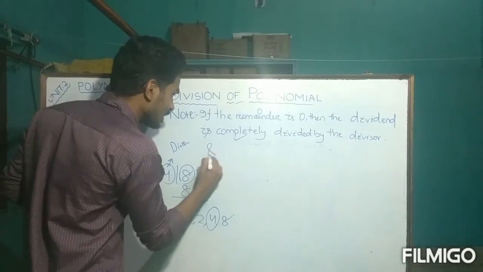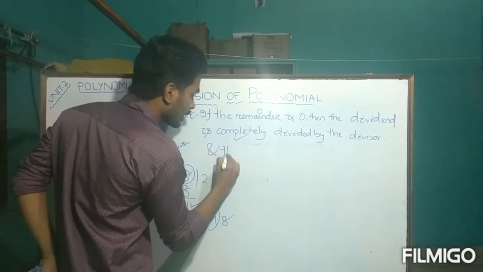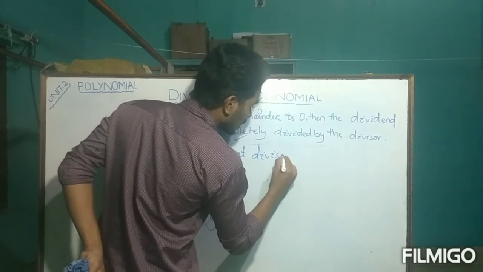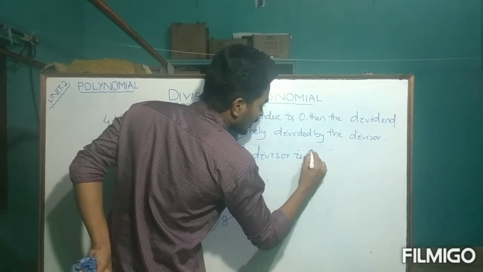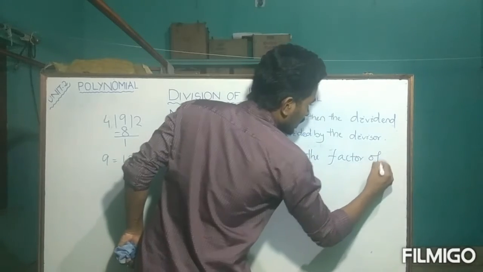So the divisor is a factor of the dividend.